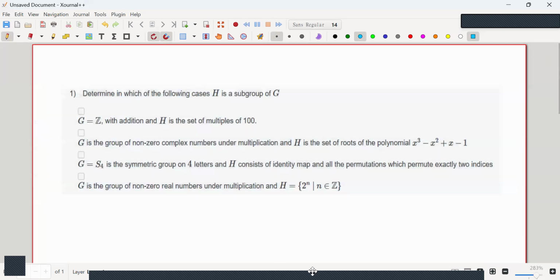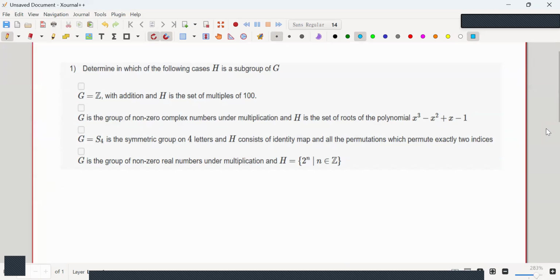So here is the first question from assignment 2. We need to determine in which of the following cases the set H is a subgroup of the group G. The first one is when G is the set of integers with addition and H is the set of multiples of 100.